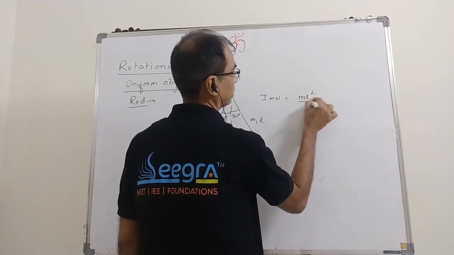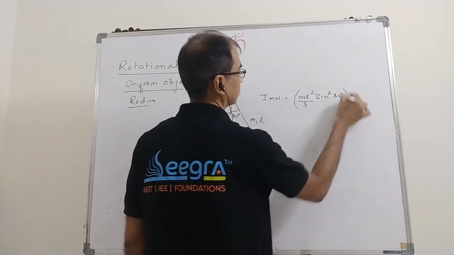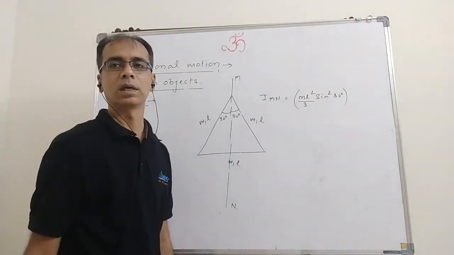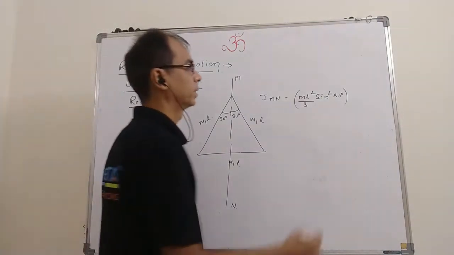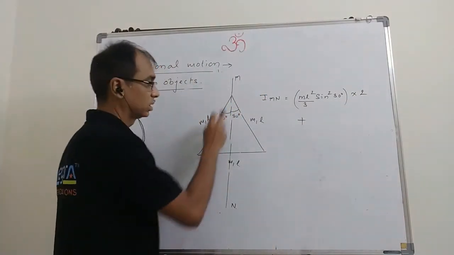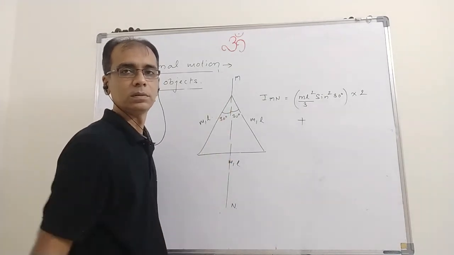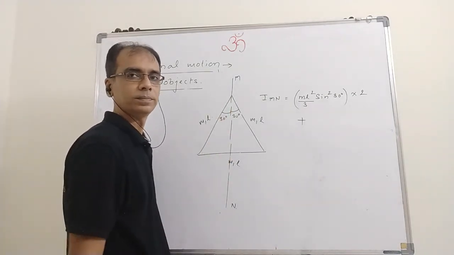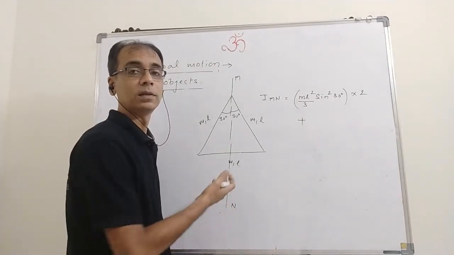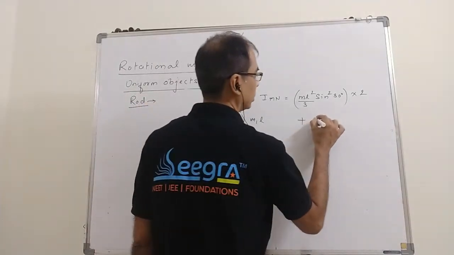What about this rod? Exactly the same, into 2. Plus this rod: this axis is passing through the center of this and it's perpendicular, so ml square by 12 directly. If you want to go with the same formula, ml square by 12 sine square theta, here the angle is 90, so ml square by 12 only will come.